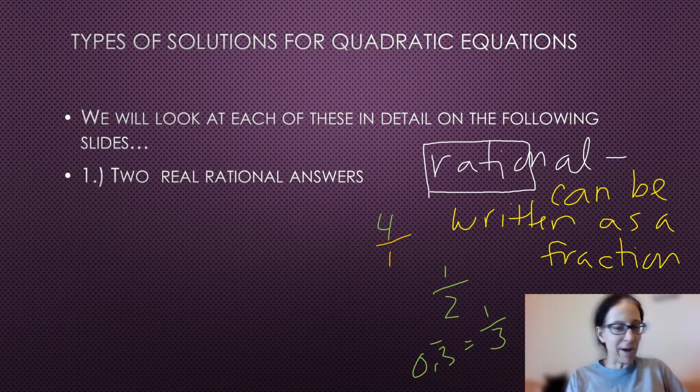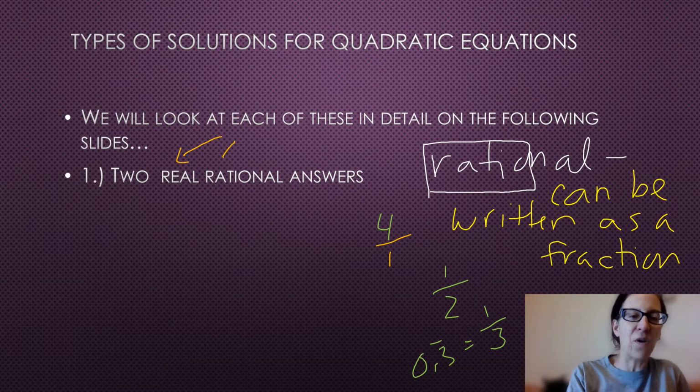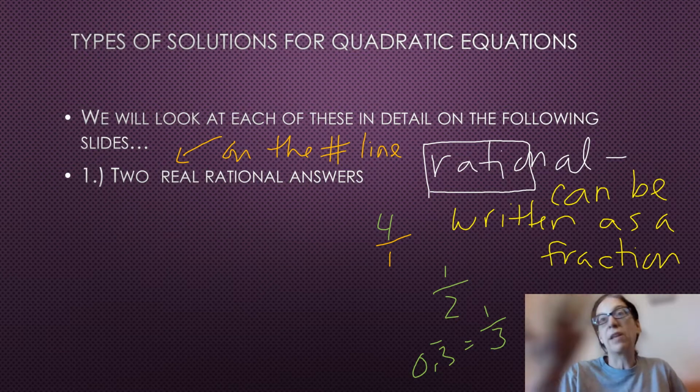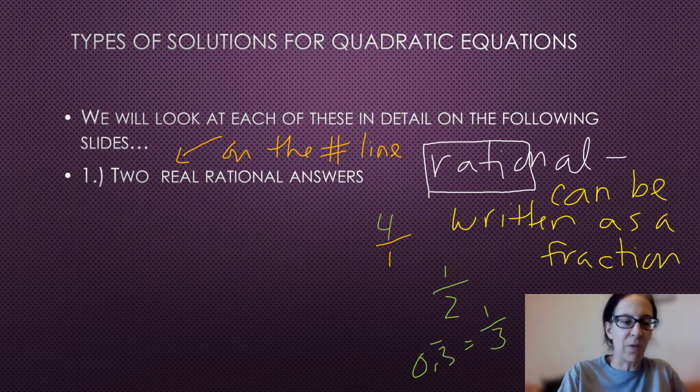We don't usually write it as 4/1, but you could. So a rational number is a number that can be written as a fraction. When you're talking about two real rational answers, real means it is on the number line, and not only that, it would correspond to something that could be written as a fraction on the number line.